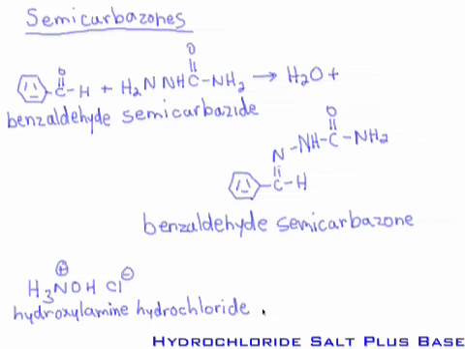Now, if you take hydroxylamine hydrochloride and you react it with a common weak base such as sodium acetate or sodium ethanoate, the ethanoate base will grab the proton, and you'll get your hydroxylamine, the H2N reagent that you need, plus acetic acid.